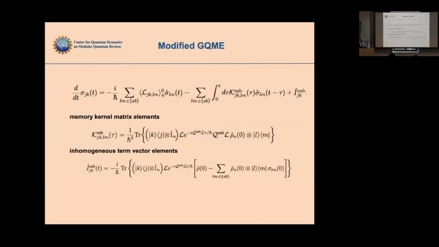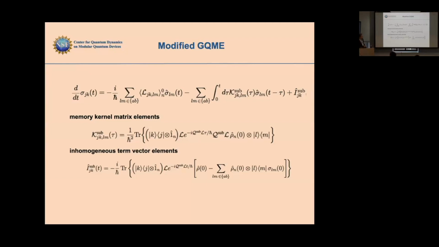And with that, we obtain the corresponding GQME, where we have the sums that are required to evolve each of the elements in that subset of elements of the reduced density matrix. And the corresponding memory kernels that are involved in this GQME, again, need to be computed as matrix elements with this argument.